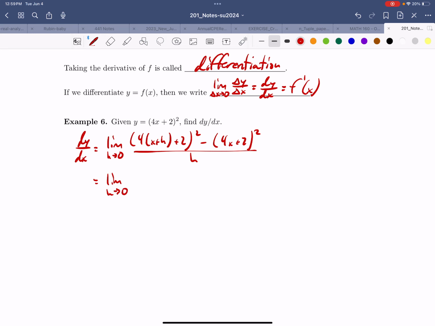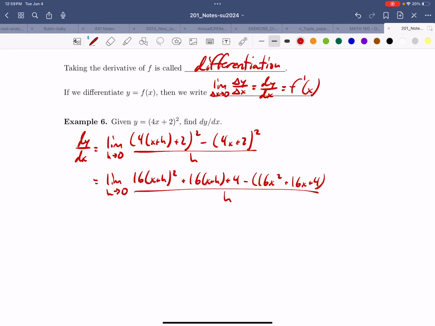Right, now from here, as you might imagine, it's just a lot of multiplying out, right? When you do it all out, it's 16(x plus h) quantity squared plus 16(x plus h) plus 4 minus, and then in parentheses here, 16x squared plus 16x plus 4, all over h, right?